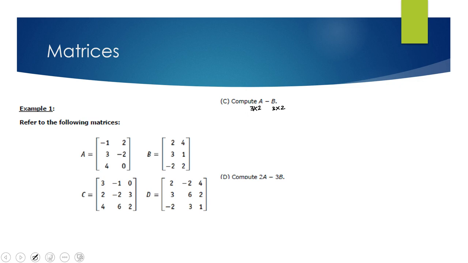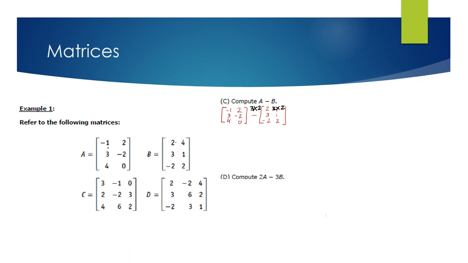Okay. The only thing you have to be wary about is to make sure that you're distributing properly. If I'm going to be doing A minus B, that means that each term, like this minus this, so -1 minus 2 would be one of them.